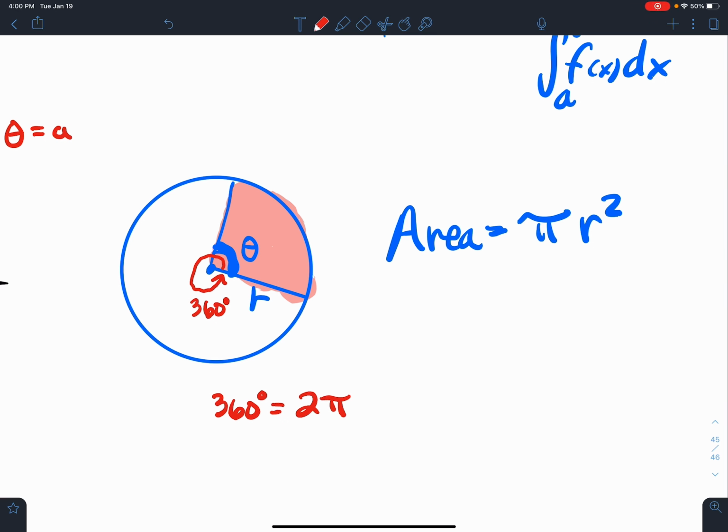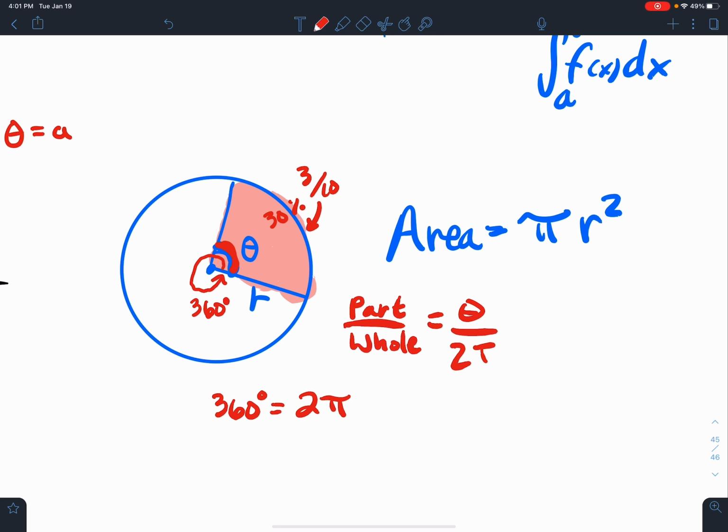So for just this little angle theta that I care about, maybe that's like 30% of the circle, right? Well, how did you get that 30%, right? Well, if this was like 3 and then all the way around was 10, then that would get you the 30%. So it's the part divided by the whole gets you that percentage, that area percentage that you're looking for. So the part is theta over the whole 2 pi.